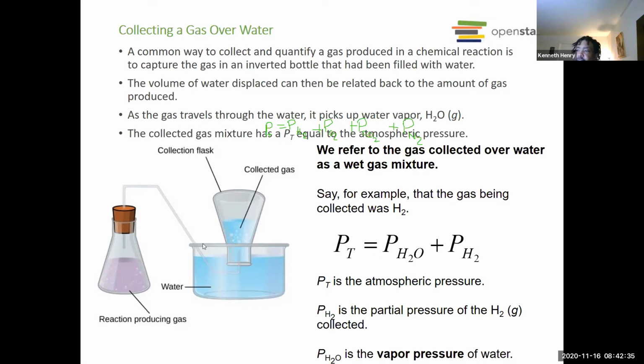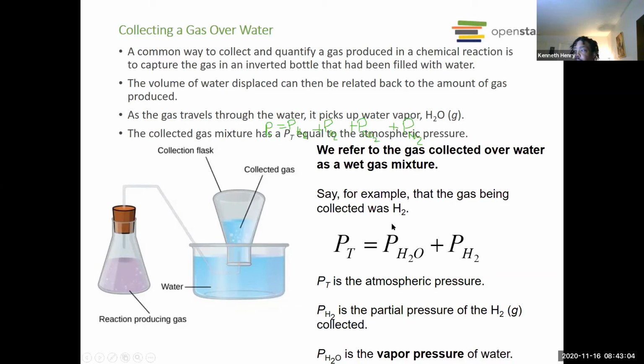So if this gas is collected in the flask, as long as this doesn't completely push out everything, all the water, then we know that the pressure of the gas is going to be equal to atmospheric pressure. Okay, so the total pressure is going to be equal to atmospheric pressure.